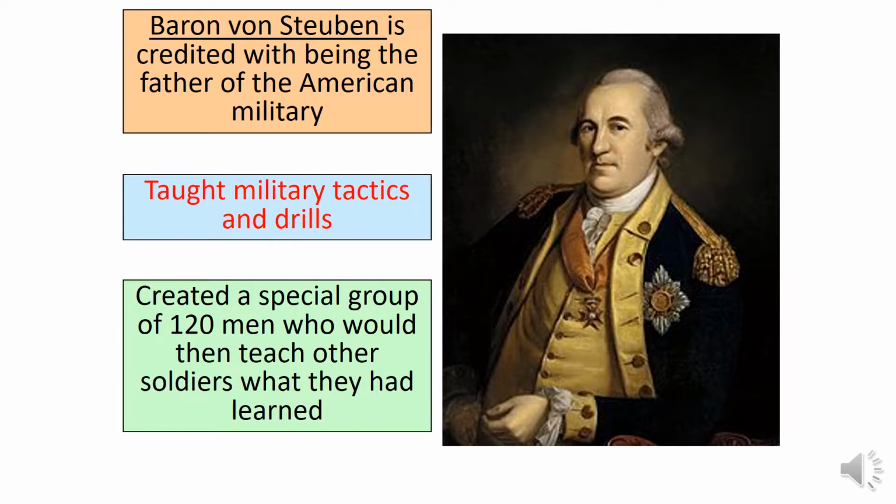And these are simple things. One of the things was, he said the kitchen should be on one side of the camp, and the latrines, or the bathroom, should be on the other, with a slope that's sloping away from the camp. So that's common sense, we would think, but that's not common sense back then.